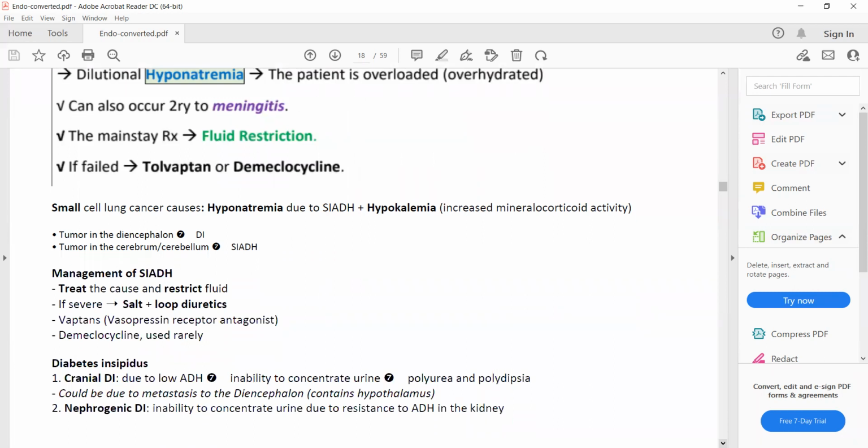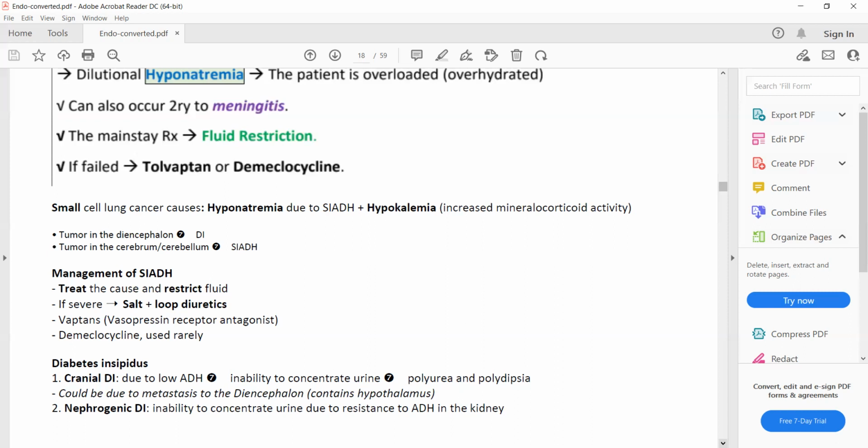What are the electrolyte abnormalities that are present in SIADH? In SIADH, because of excessive reabsorption of water, sodium concentration will decrease, hyponatremia, and because sodium concentration is decreased, a decrease in the concentration of the sodium will stimulate the renin-angiotensin-aldosterone system, and the stimulation of this system will lead to hypokalemia.